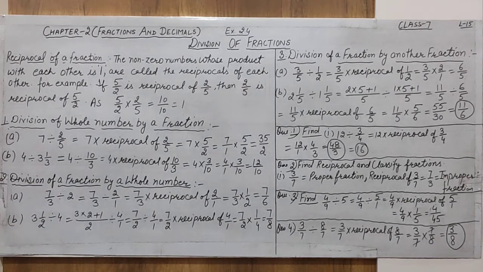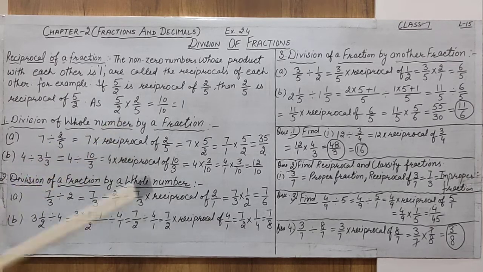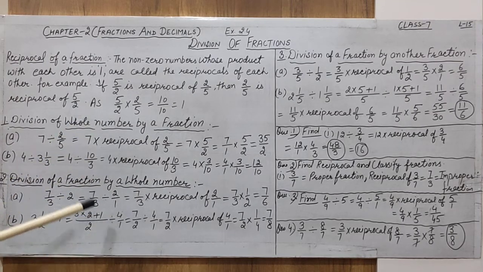How can we divide? First of all, change the whole number into a fractional number because the method is similar. We have to change the division into multiplication and use the reciprocal of the second term. But how can we find the reciprocal of 2?